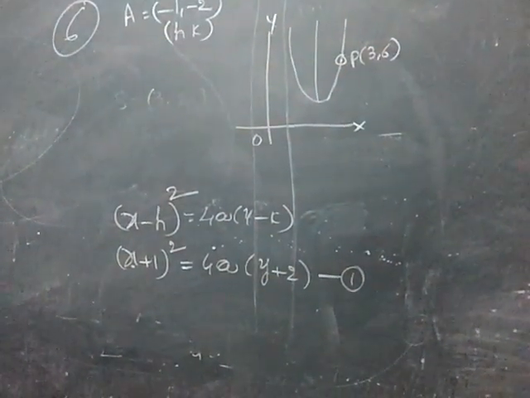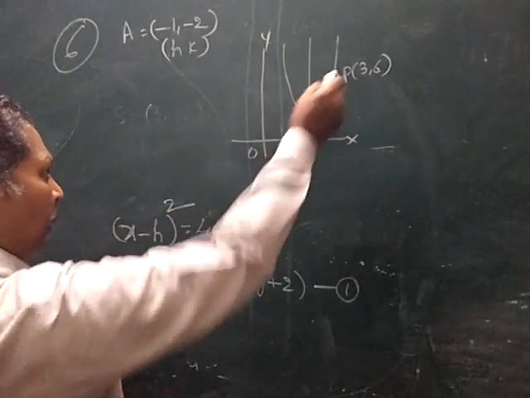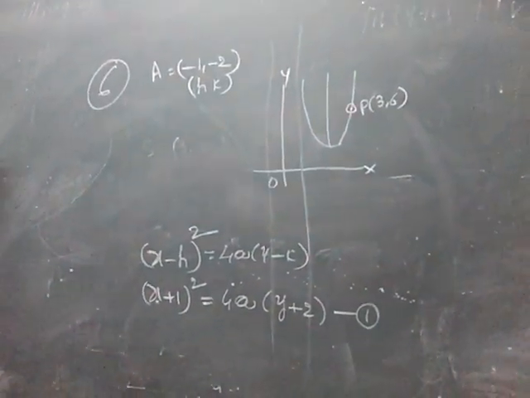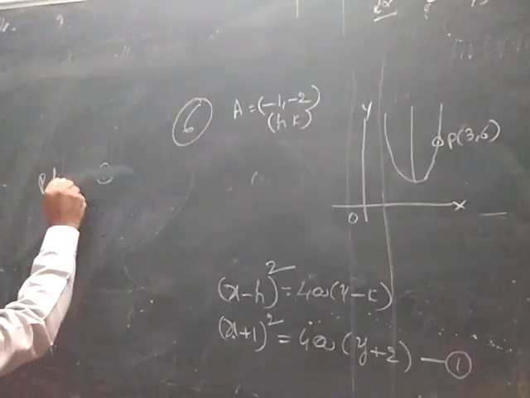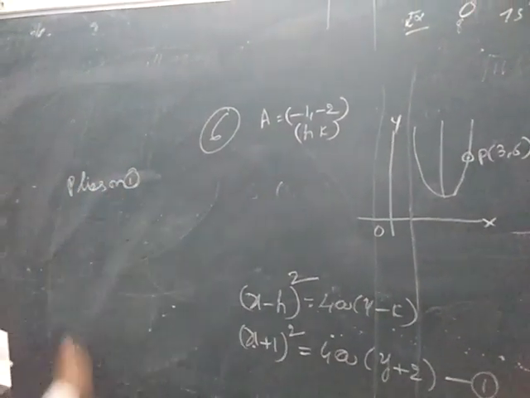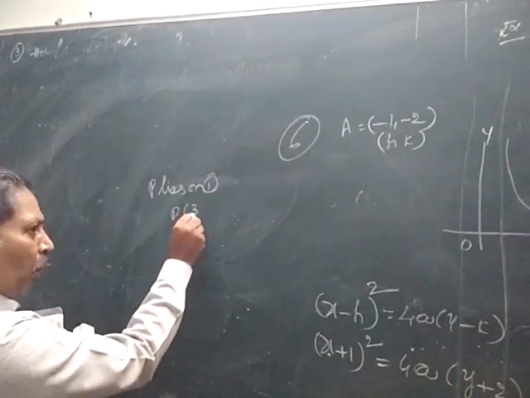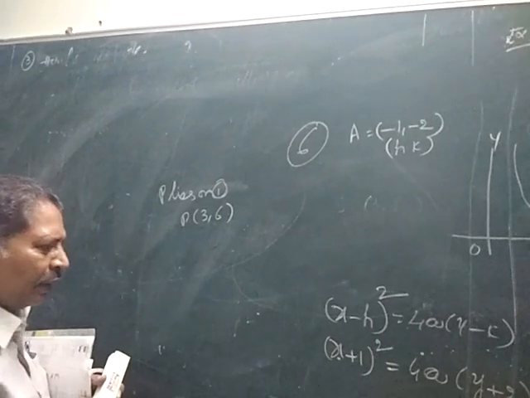Next, given P lies on the parabola, P point (3, 6).